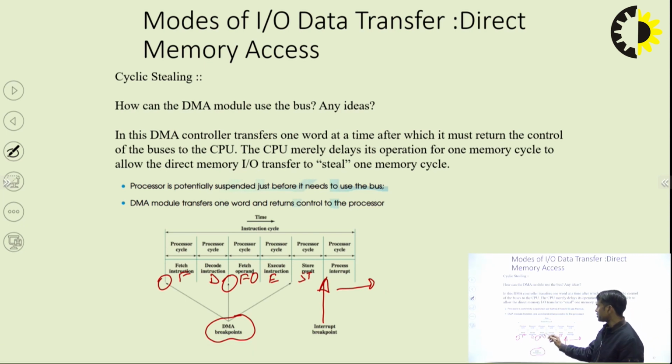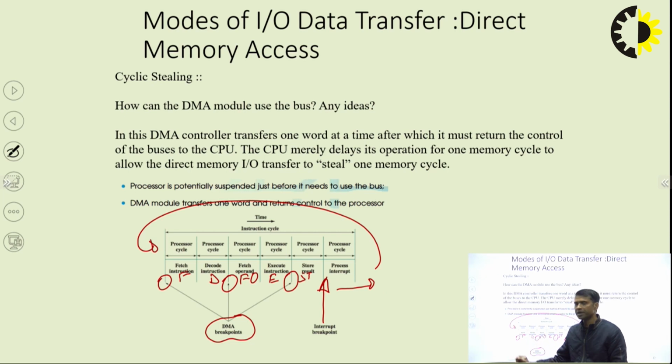After fetch of the operand and execution of the instruction, there will be a cycle steal for the data transfer, and this will go on again and again for subsequent instructions I1, I2, I3 till all the bytes or volume of data have been transferred.